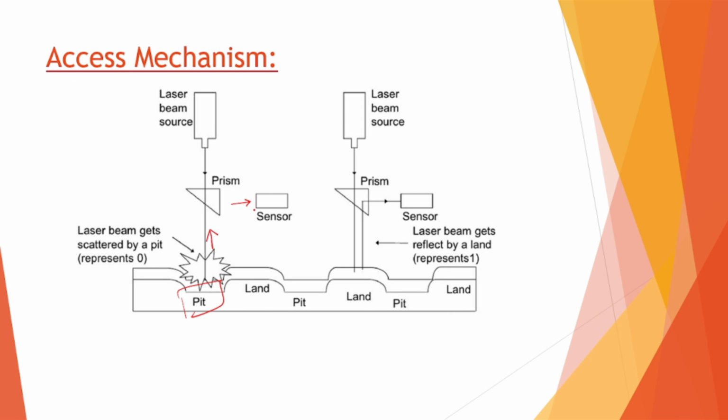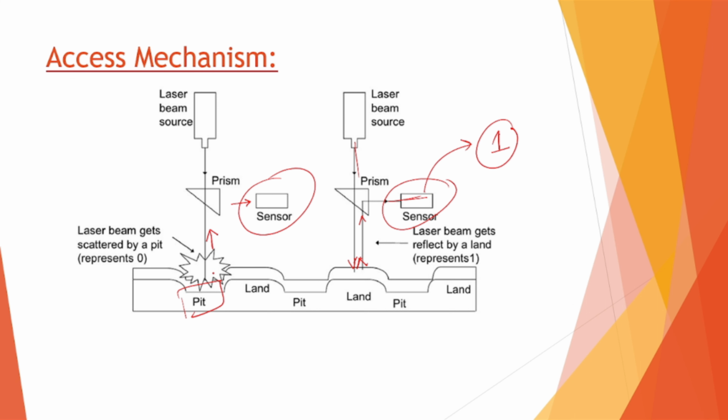Thus it produces a pattern of on and off reflections, which is converted into an electric signal of binary ones and zeros by the sensor. If the laser beam is completely reflected back to the sensor, the sensor considers it a 1.